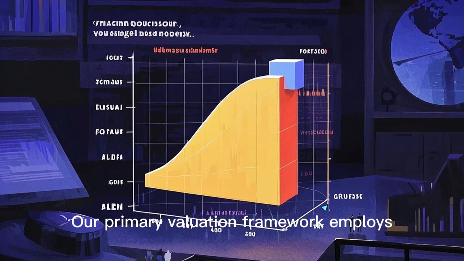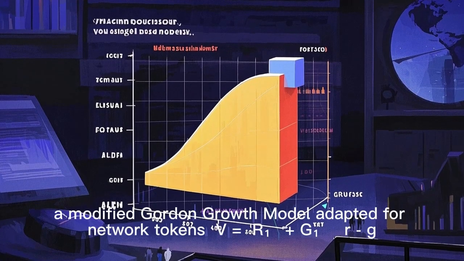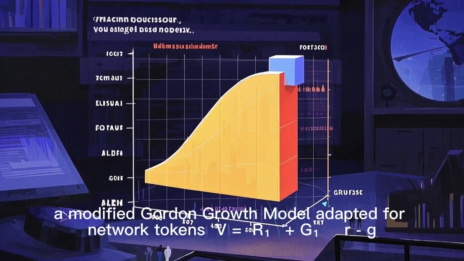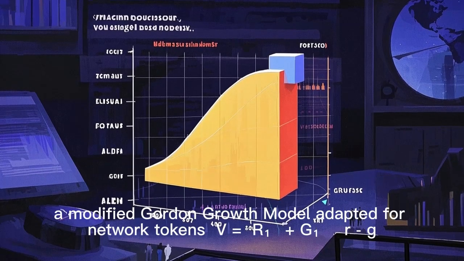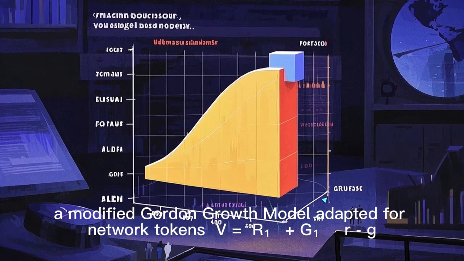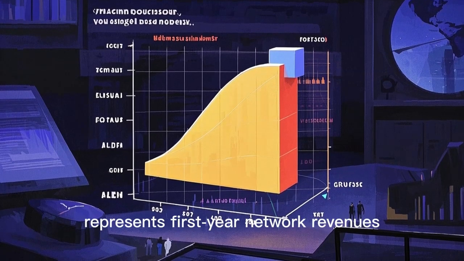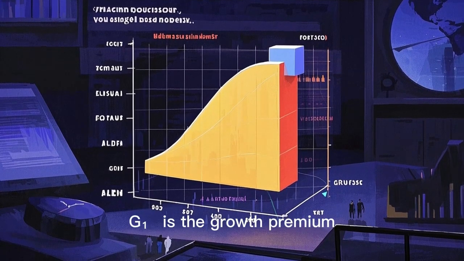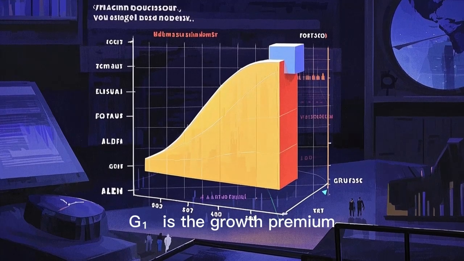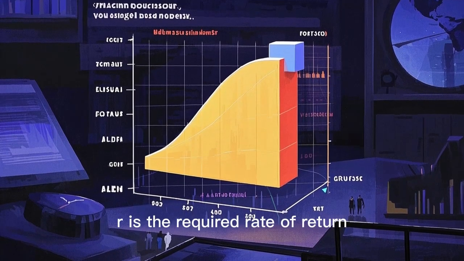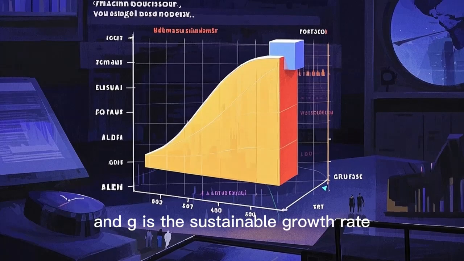Our primary valuation framework employs a modified Gordon growth model adapted for network tokens. V = R₁ / (r − g), where R₁ represents first-year network revenues, r is the required rate of return, and g is the sustainable growth rate.